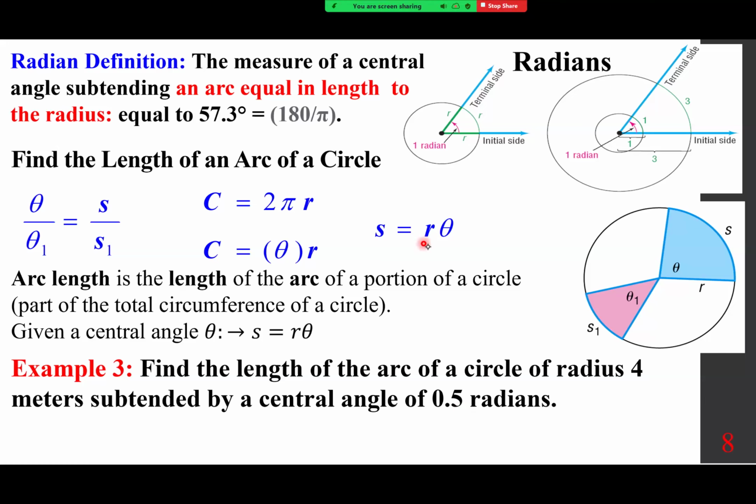We're going to use that. R is 4, theta is 0.5, and this arc length for this case is 2 meters. The final units would be the same units as the radius.